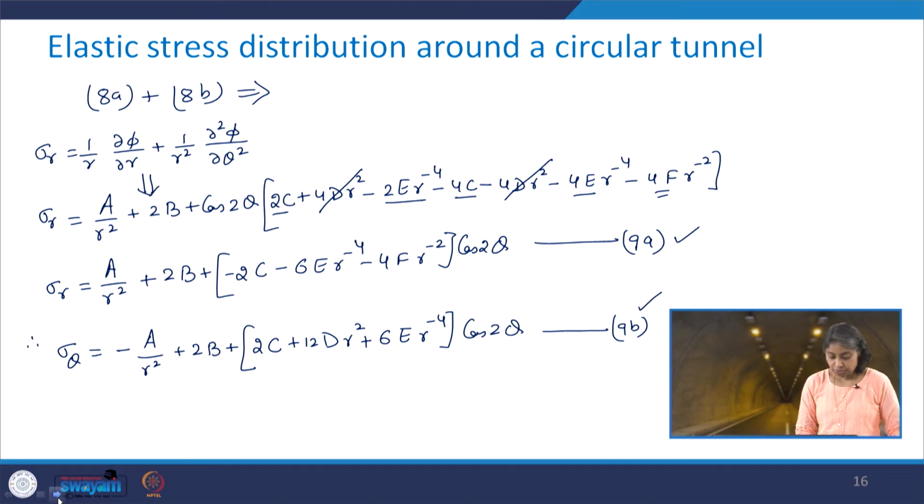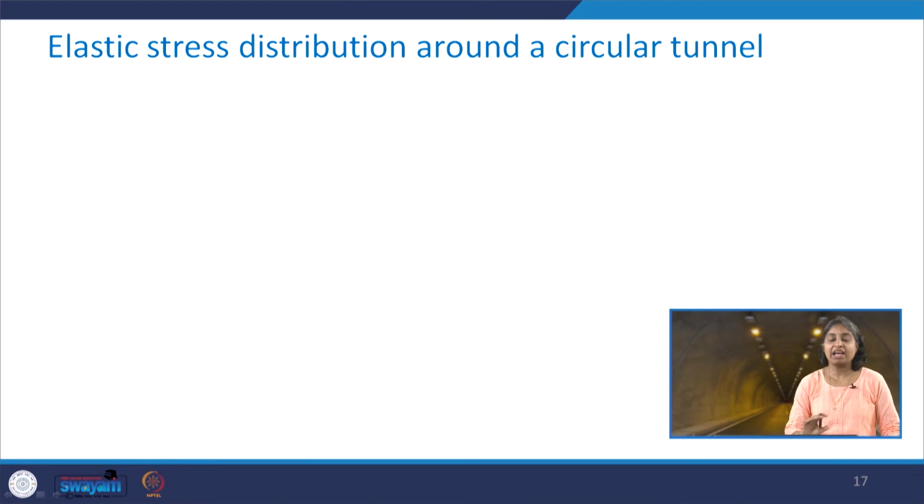Now how to do it for tau r theta? I have given you the basic expression for that. You just need to substitute all these expressions into that basic expression. Let us see how we are going to get that.